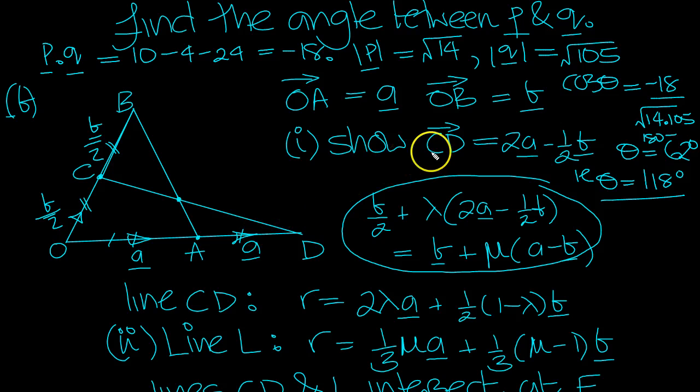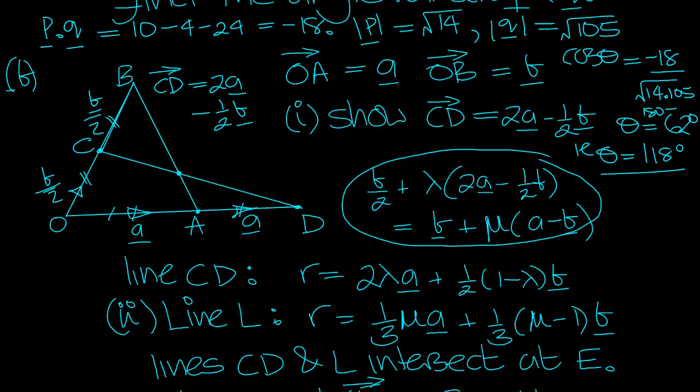So the first part: show that CD is equal to 2A minus a half B. C to D, that's 2A, that's half B, so CD then, it's easy to see, is equal to 2A minus a half B. So there's CD. Okay, we've done that then.